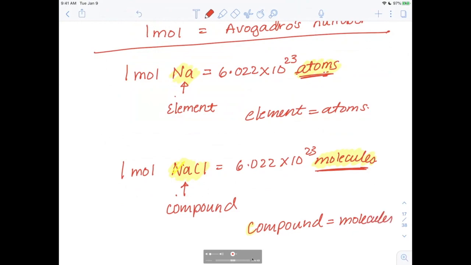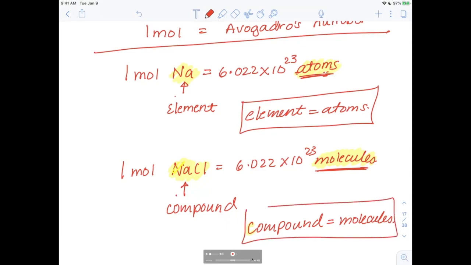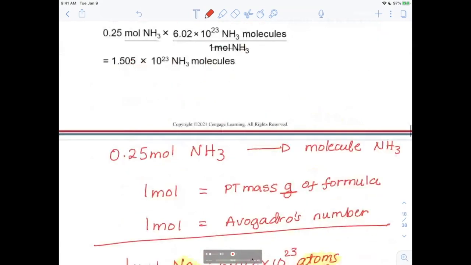So many molecules make up a compound. So the units you're counting when you have a compound is a molecule. The units you're counting when you have an element is an atom. So please notice that. The question they were asking you wasn't difficult, but it's important.